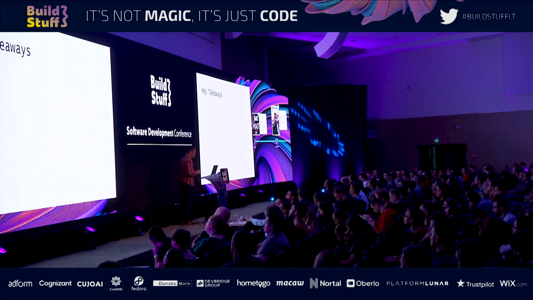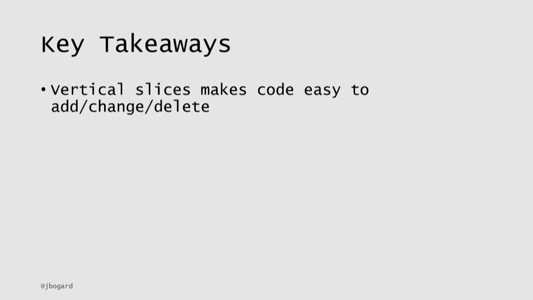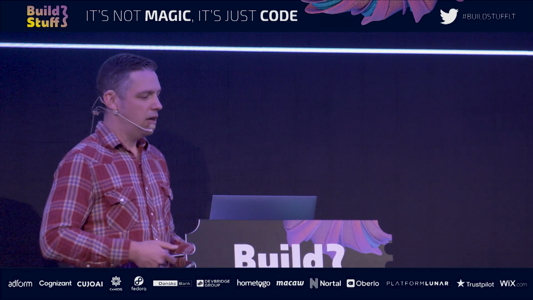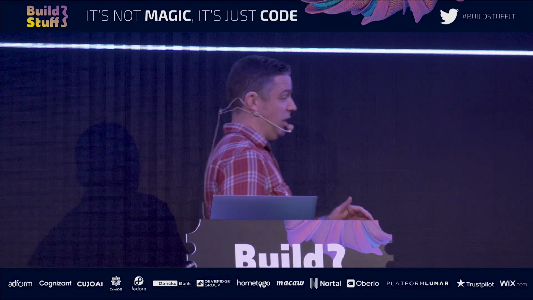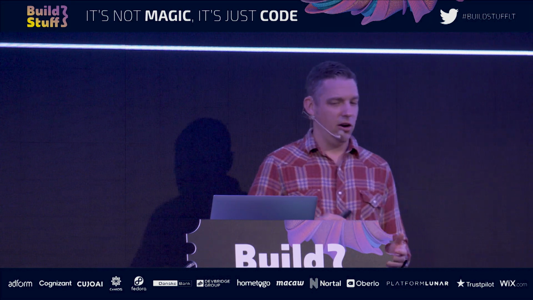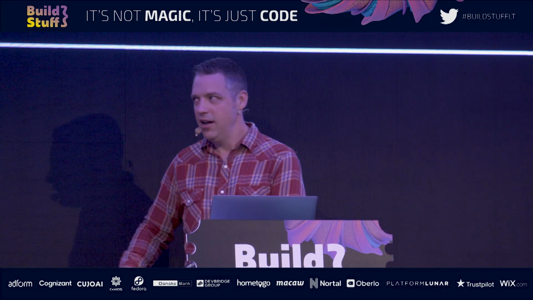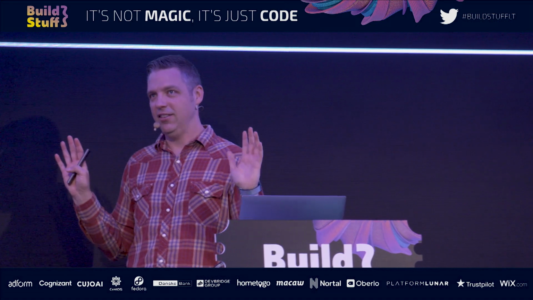So, some key takeaways. Vertical slices make code really easy to add, change, and delete because each of those handlers and request objects are completely encapsulated from each other. And when I'm only ever adding code to my system, that means that I'm not breaking anything else. One thing I want to make sure we don't do is skip that refactor step. After we code the dumbest thing that could possibly work in our handler, we still want to take a step back and ask, is this good or not?